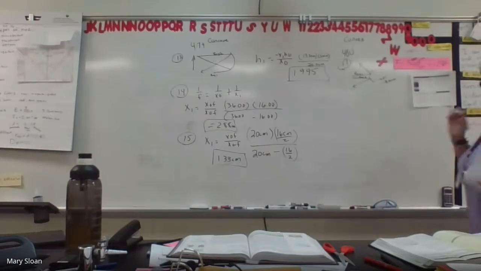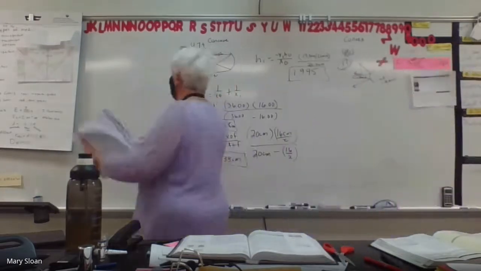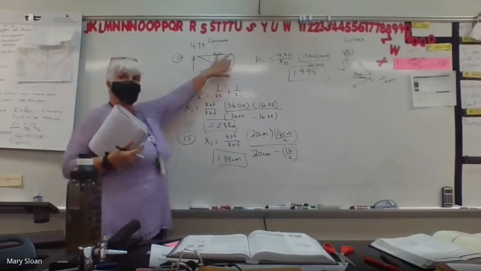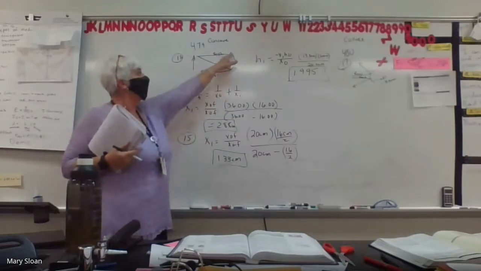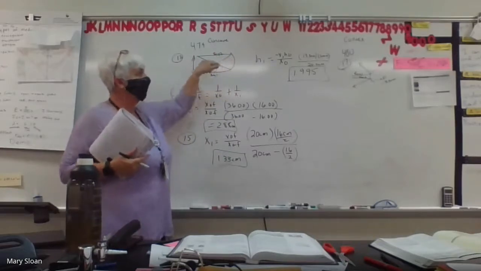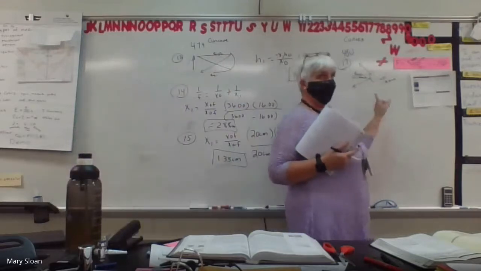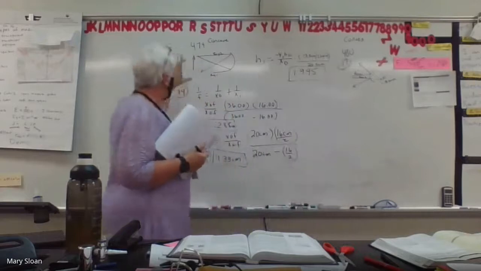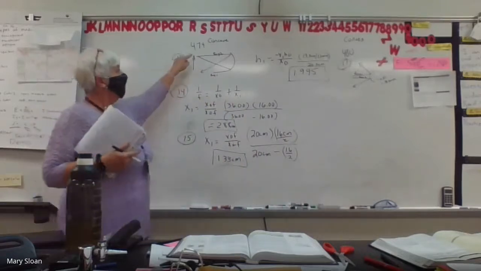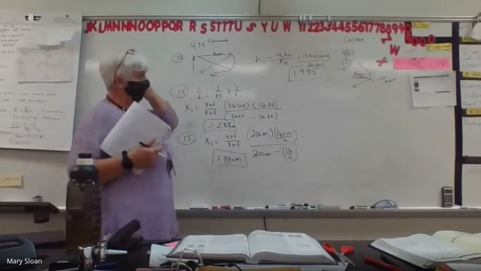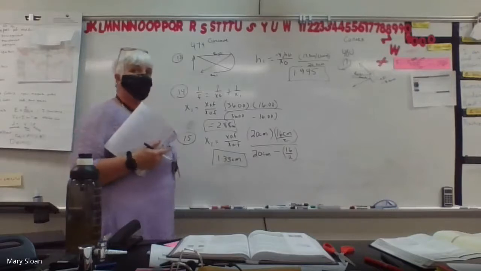Now look, when you're doing your foldable, concave has your mirror going in that direction. Convex has your mirror folding in this direction. As you can tell, the rays are going to look different. That's negative 8.6 centimeters.